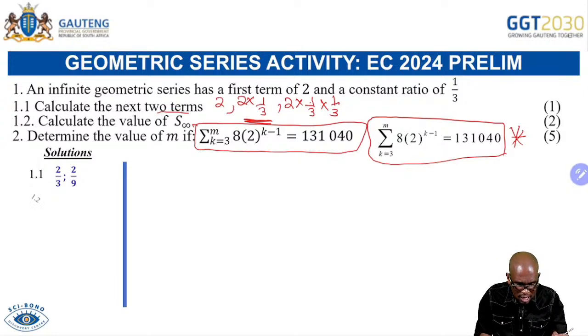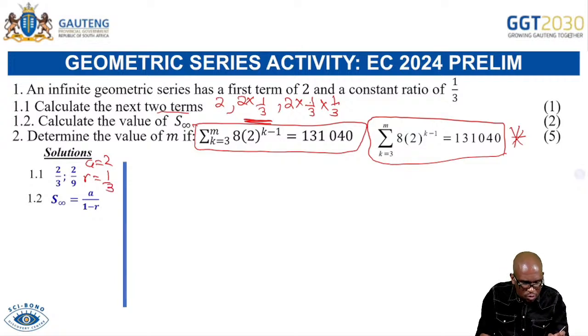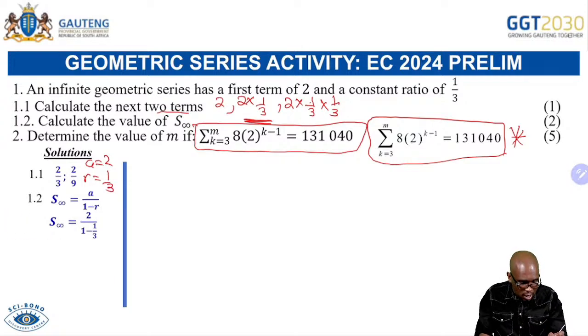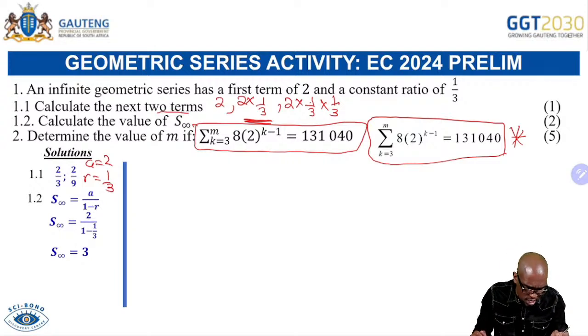And then we want the sum to infinity. So calculating the sum to infinity, we say a over 1 minus r. We know that a is 2, and we know that r was given as 1/3. So we substitute those, and we get the sum to infinity as 3. So this series converges to 3.